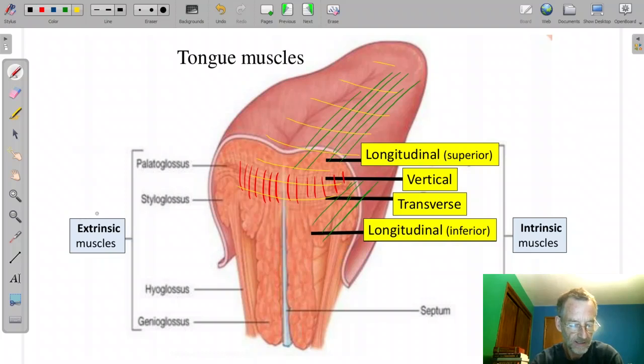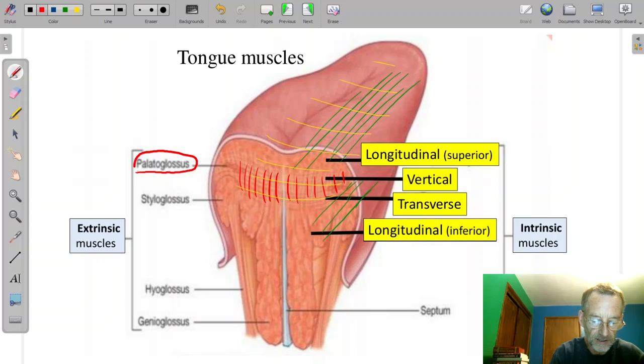And then again, here are the extrinsics. We haven't yet discussed the palatoglossus. That's usually lumped in with soft palate muscles, which is where we'll consider it again. But there are the three that we went over.